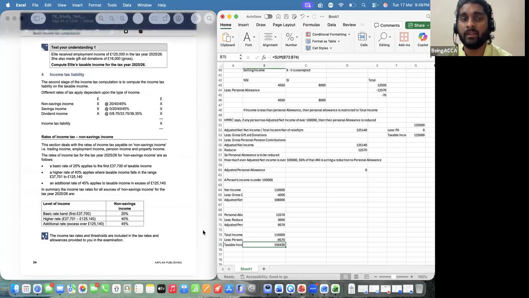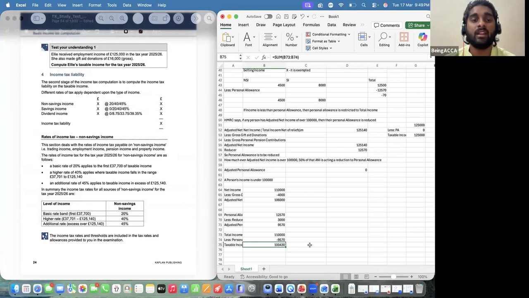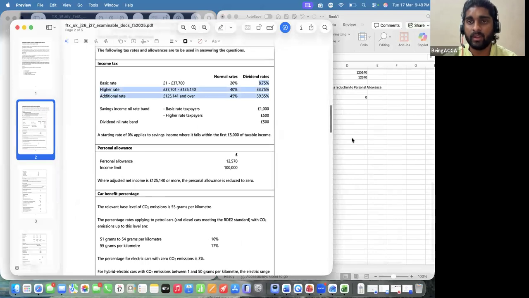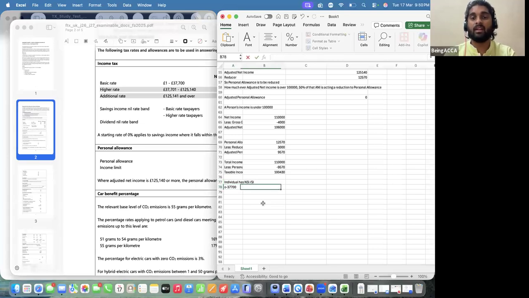Now, clear on this so far? Yes, sir. Now, let's try to understand how we calculate income tax liabilities. This is a bit complex, but let me make it easier for you. Whenever an individual has non-savings income or savings income, 0 to 37,700 will always be taxed at 20%.